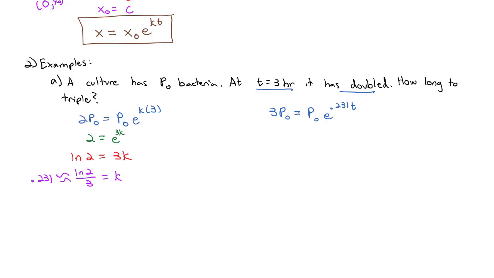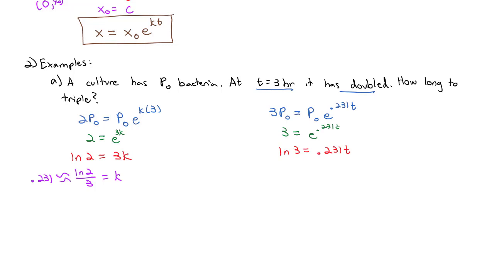And we can now solve for the time in much the same way, dividing both sides by the initial population to get 3 equals e to the 0.231 times time. Taking the natural log of both sides to get natural log of 3 equals 0.231 times time.